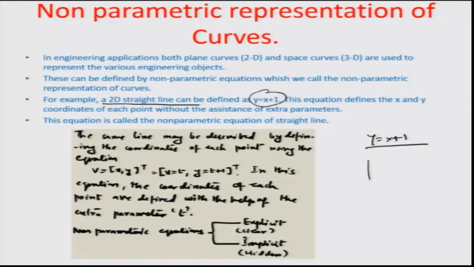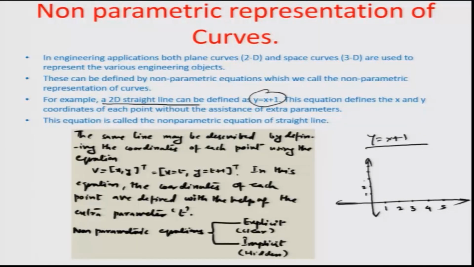So, obviously, if I wanted to plot the set of coordinates x y which would follow this line, I would plot it by increasing one unit along the y direction for whatever be the x coordinate. So, for example, with x equal to 1 the y would be equal to 2, x equal to 2 the y would be equal to 3, so on and so forth.